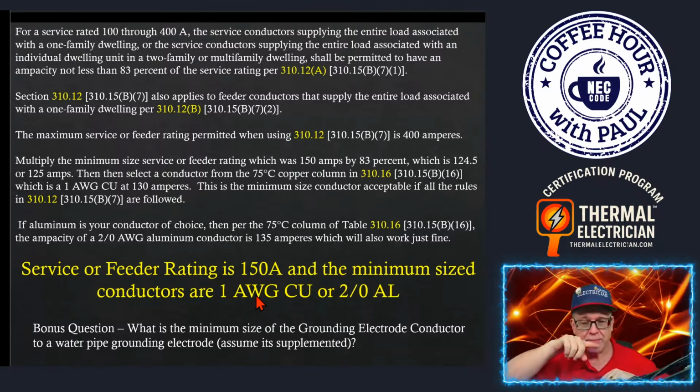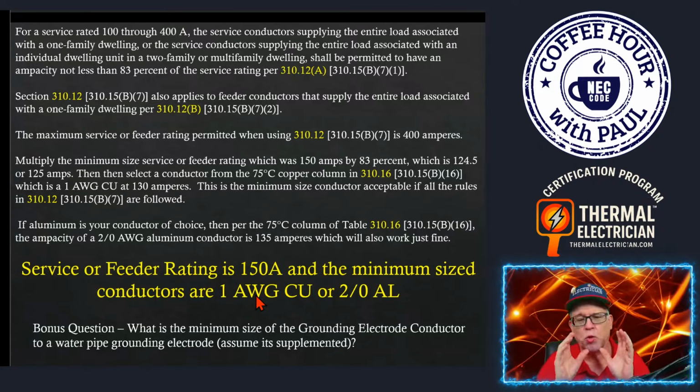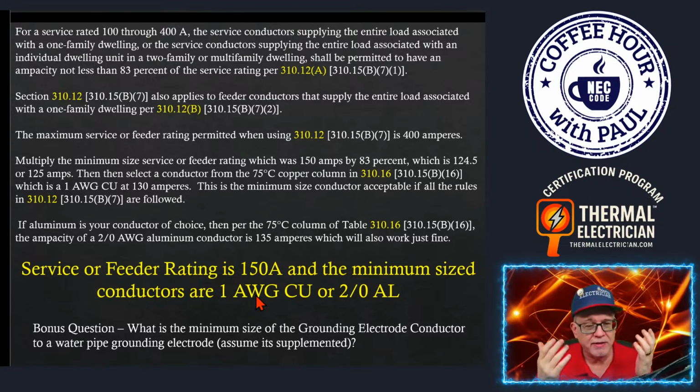That helical wrap that's around it, the flat one, when you bring all those strands together, it's equivalent to a 2-aught. So you have the 4-aught hots, and all those strands are equivalent to a 2-aught. That's the way it works. Did you know that? Some of you maybe didn't know that, but that's how that works. So you're allowed. Now, if you're an engineer and you want to make life really simple, then guess what?